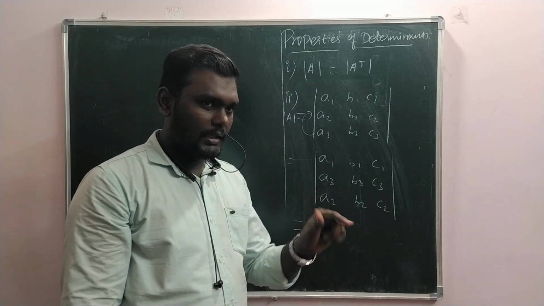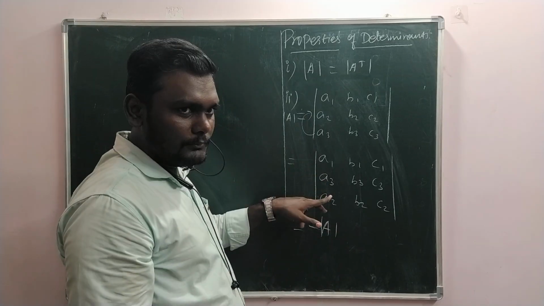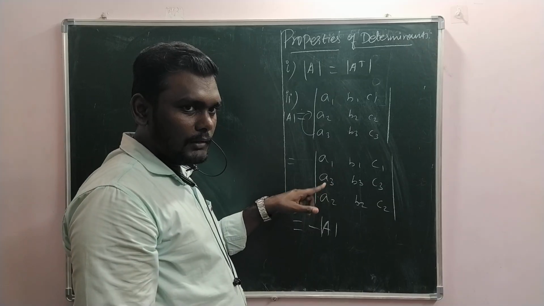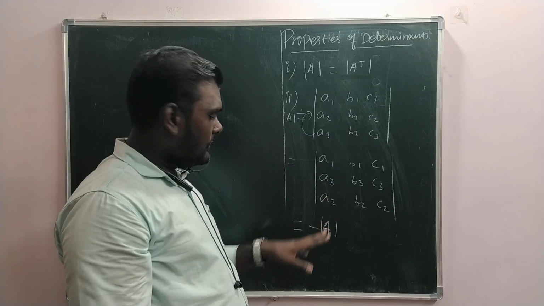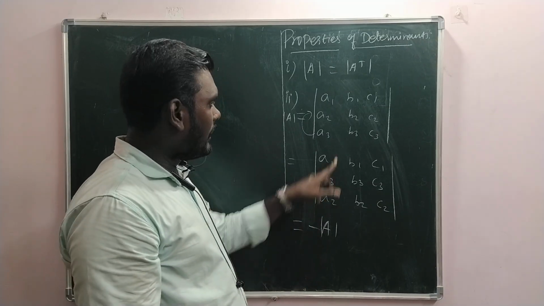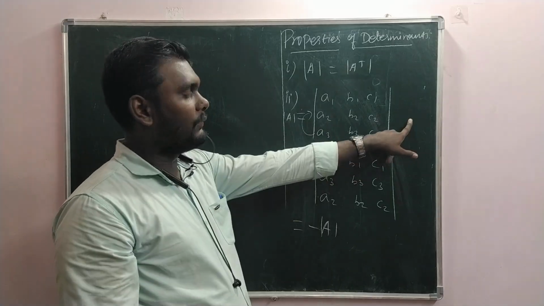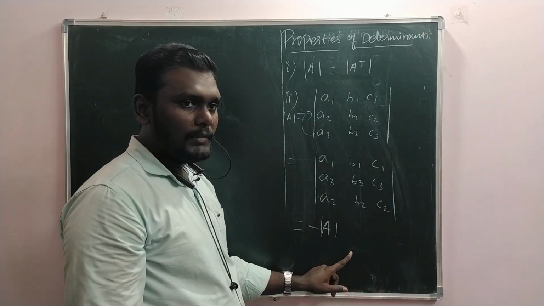Simple change. If you interchange one row or one column, the determinant will be negative. For example, if this determinant value is 5, then the new determinant value will be minus 5.